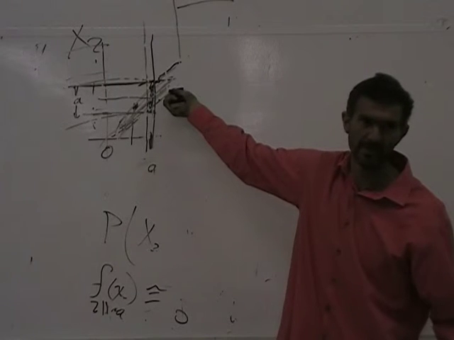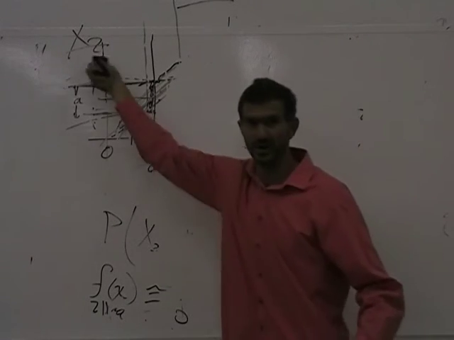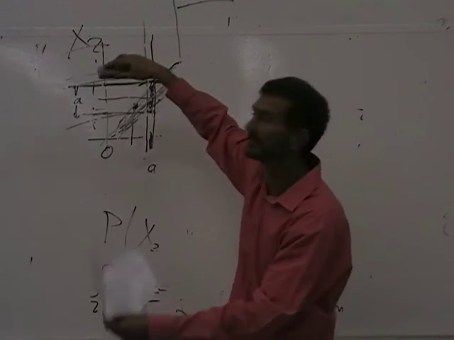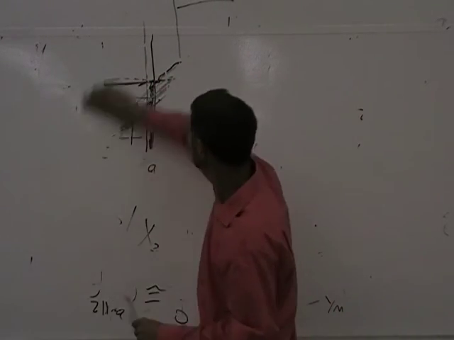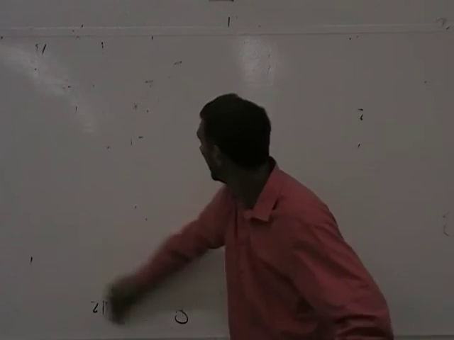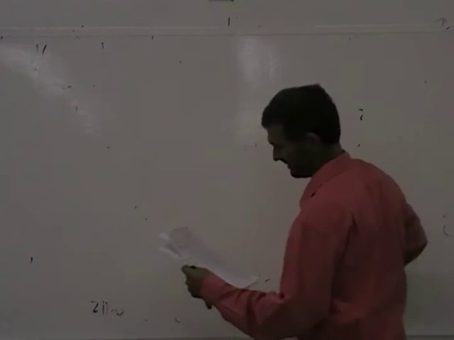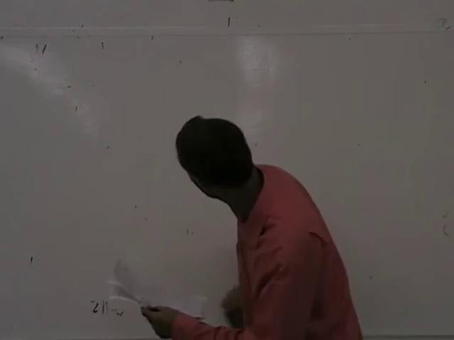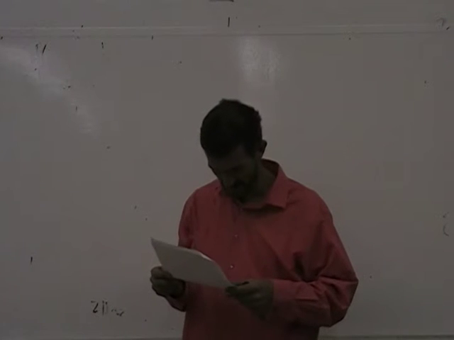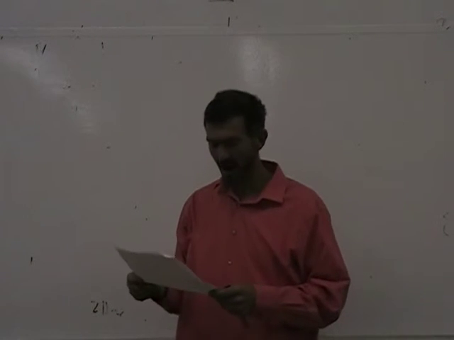This is a joint probability distribution of two random variables. Wow. There are two random variables. I don't want to split just yet. I want to just make sure. Okay.